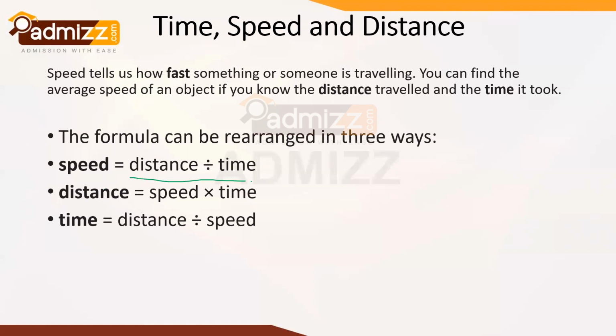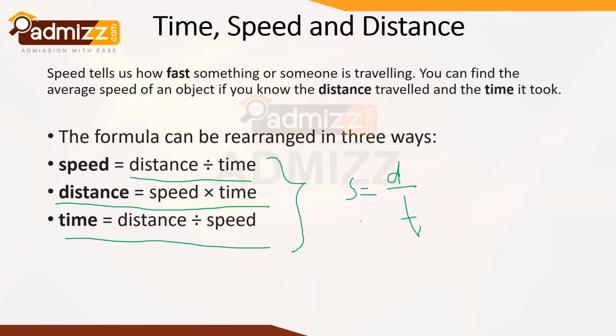speed equals distance by time, or distance equals speed into time, or time equals distance by speed. This is basically a formula for speed, or S, which is equal to d by t. And all three are basically different representations of the same formula, from which we can bring about different values.